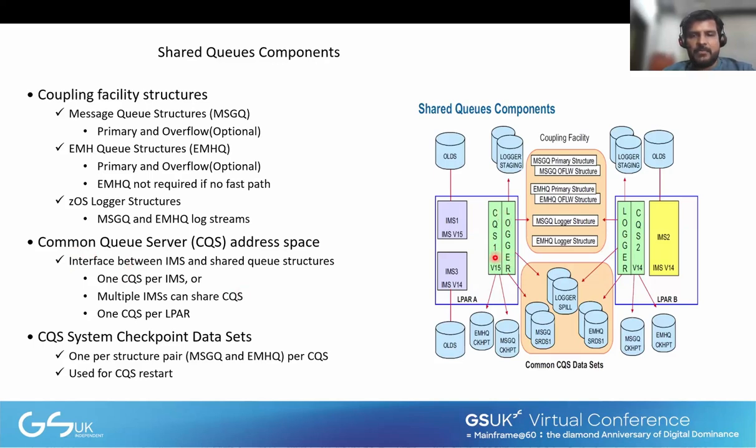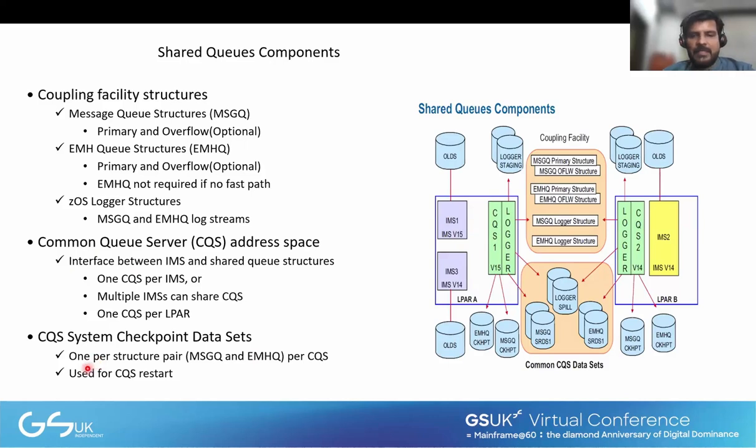CQS acts as an interface between IMS in the shared queue group and the shared queue structures. CQS handles all the activities of queuing and retrieving messages from the shared queue structure. Each LPAR requires one CQS, and multiple IMSs on that LPAR can connect to the same CQS.